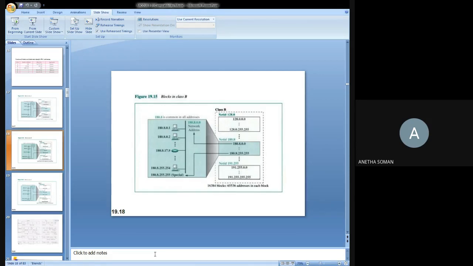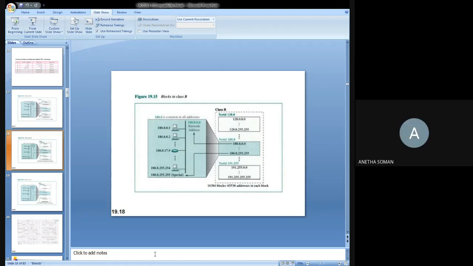The meaning is, it has 16,384 blocks, and each block can accommodate 65,536 addresses. Now, you know how many bytes are used as net ID and how many bytes are used as host ID in class B. Out of the 4 bytes, how many bytes are used for net ID?